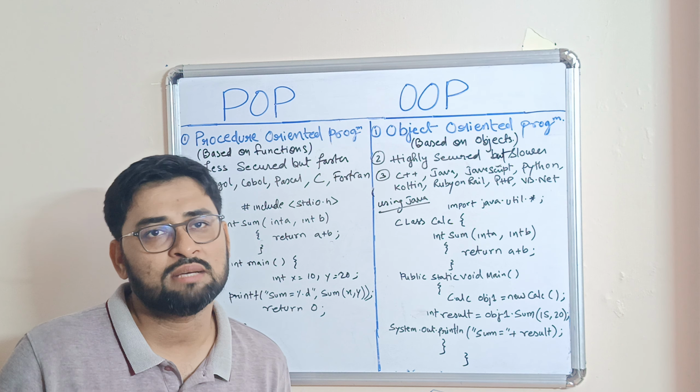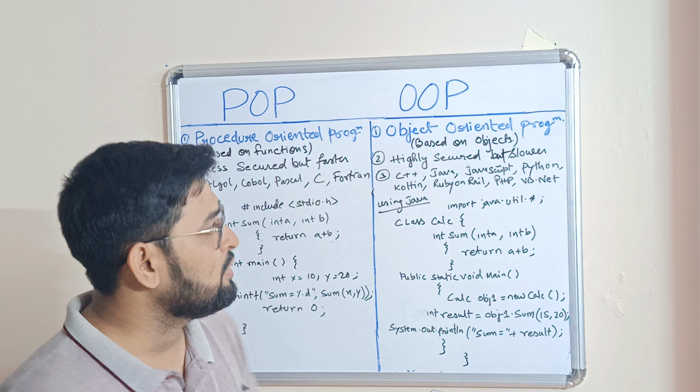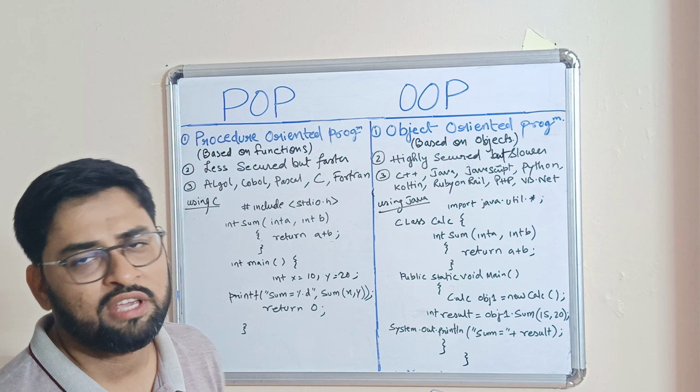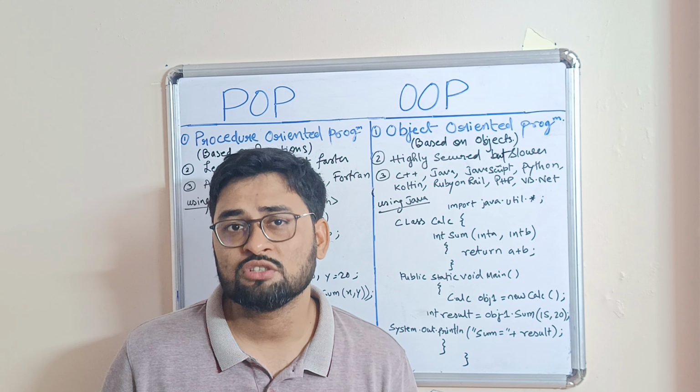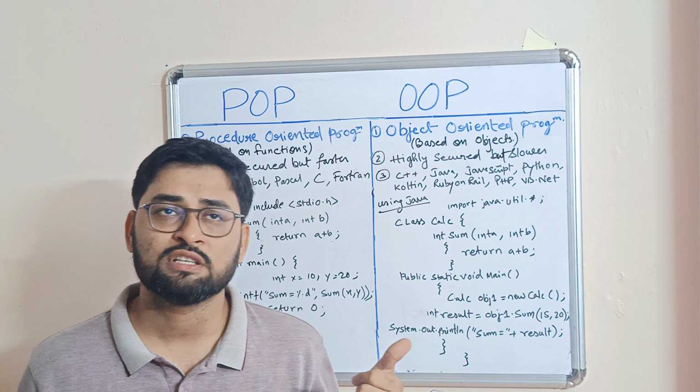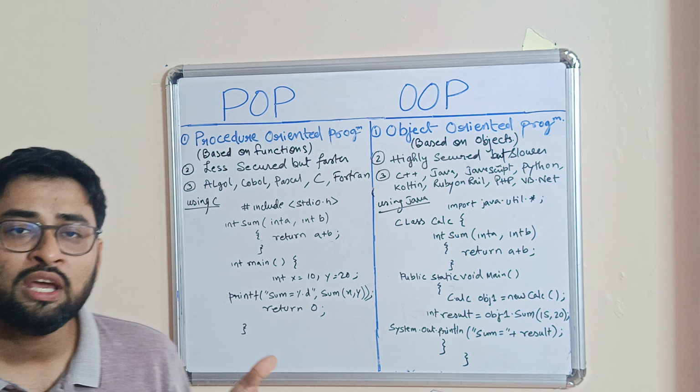Slower means some other concepts have been added here, which we call the pillars of OOPS. What are the pillars of OOPS? We have four important pillars of object oriented programming. The very first one is called encapsulation.